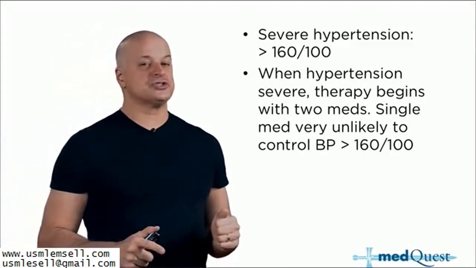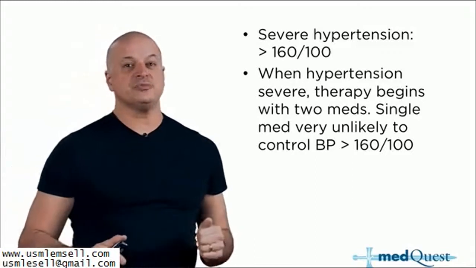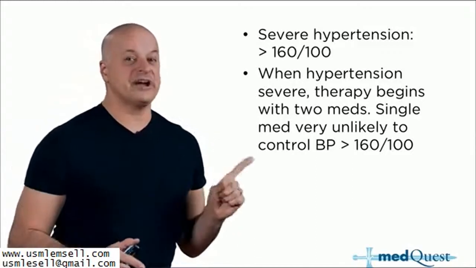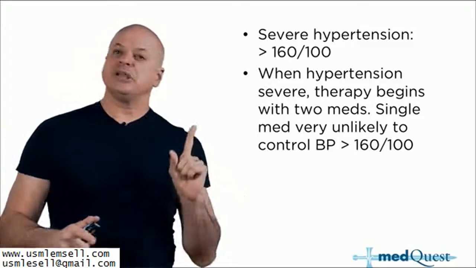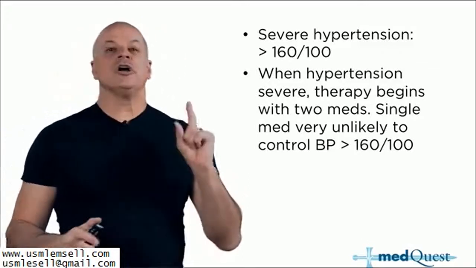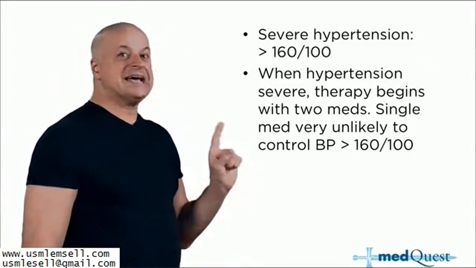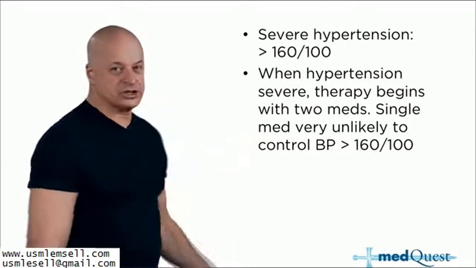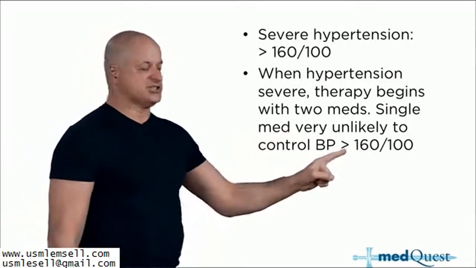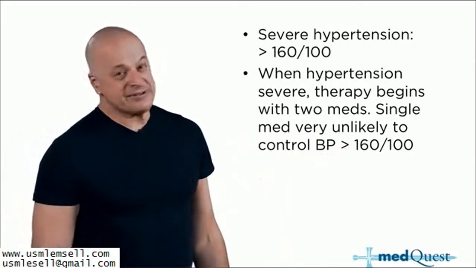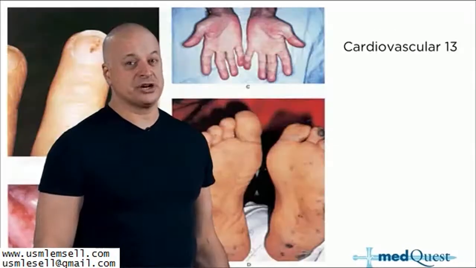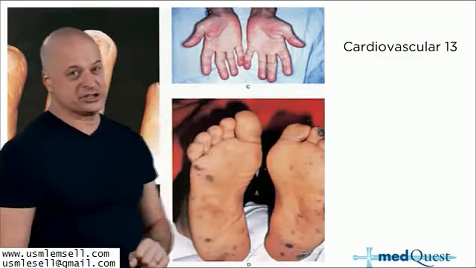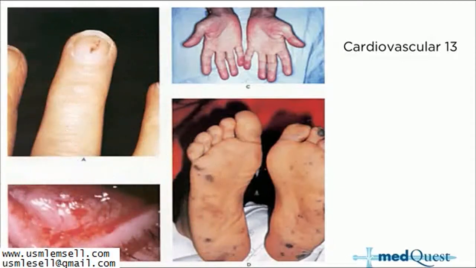You start with 2 medications when you have very severe hypertension, because one medication is highly unlikely to ever be able to control a blood pressure of 160/100. It's really unlikely that you'll get one blood pressure medication to control it, so use 2 blood pressure medications when it's really high.